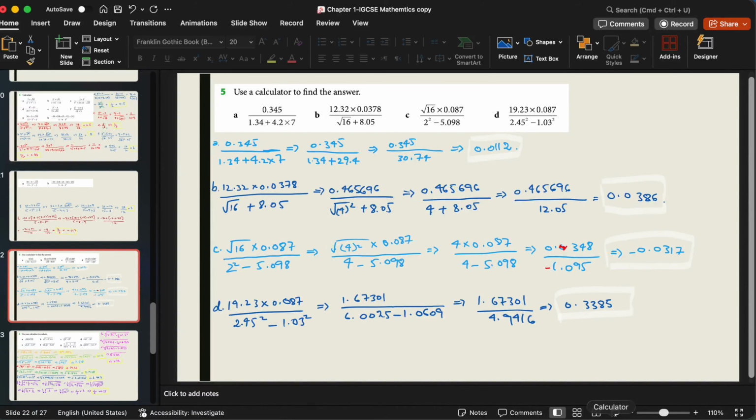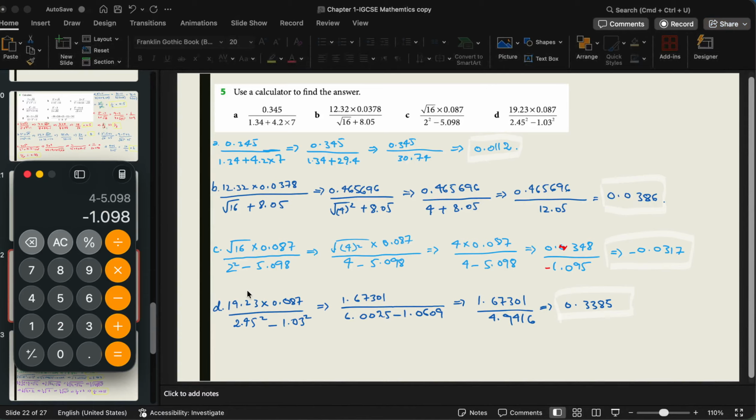So now we do our calculations using the calculator. We have 0.348 divided by the denominator 1.098, which is equal to 0.317.